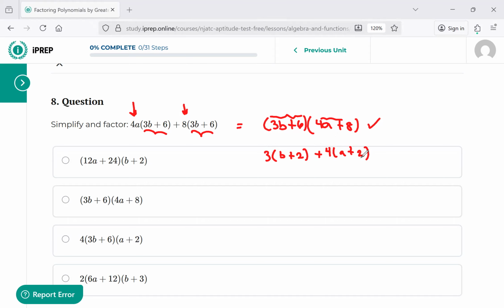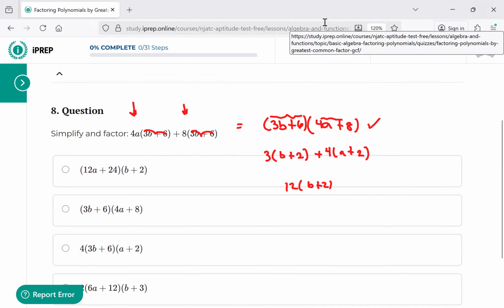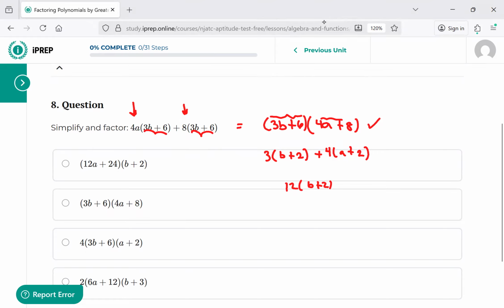And then what you could do is, yeah, 4 times 3 is 12. I don't see my answer. I would get 12 plus b. Let me double check. No, I don't see my answer, but I do see this answer, 3b plus 6 plus 4a plus 8. Let's see if that's correct.